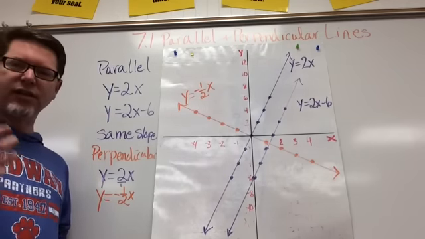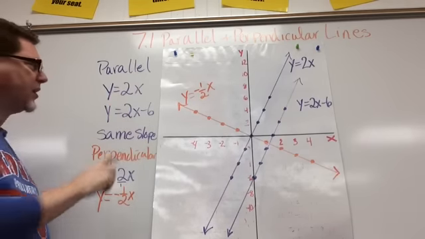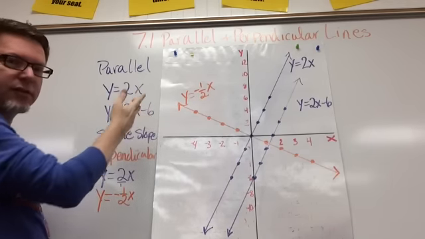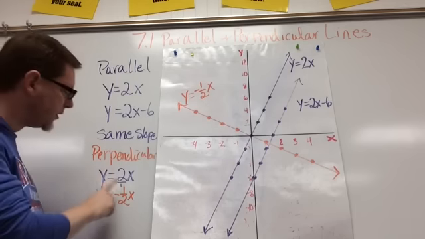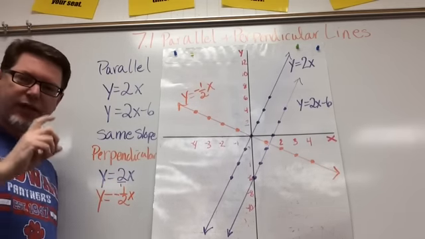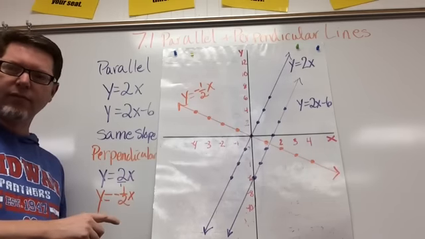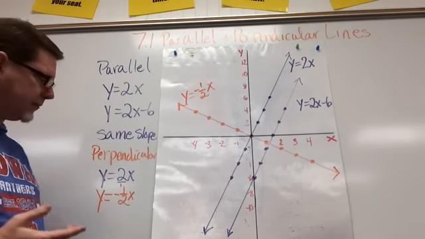So once again, just to clarify, parallel lines have exactly the same slope and a different y-intercept. Perpendicular lines have an opposite reciprocal slope, and it doesn't matter about the y-intercept. Okay?